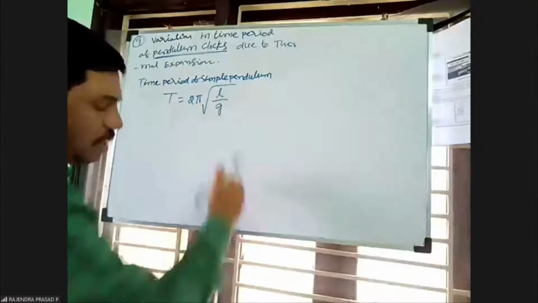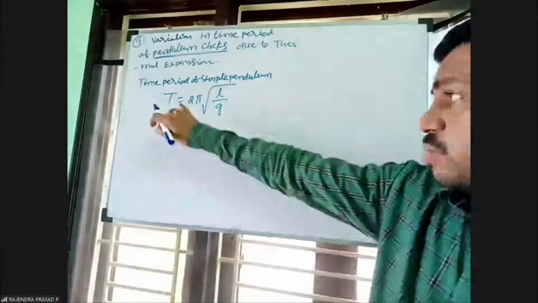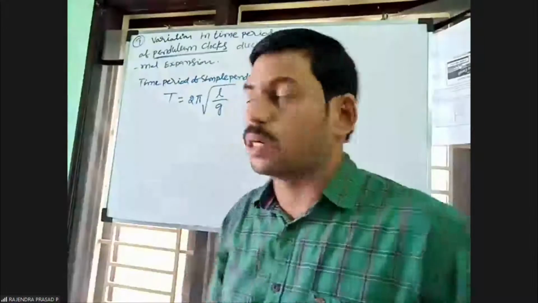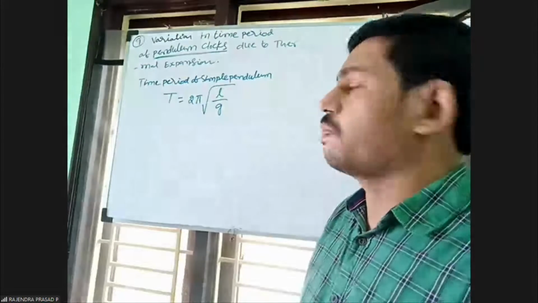This is the formula for the time period of a simple pendulum. Actually, in the oscillation chapter, it is an 8 marks question: prove it. To derive the time period of simple pendulum, T equal to 2 pi root of L by g.